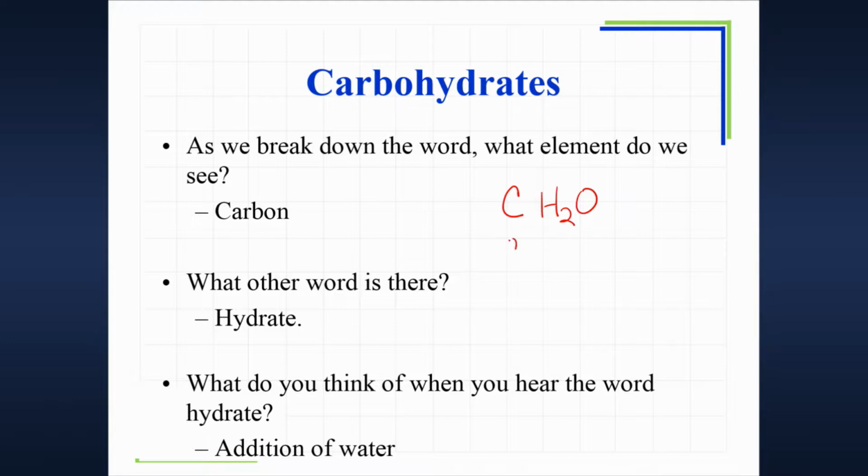So it might be C6H12O6. It might be C5H10O5. Notice that that is a multiple of some variety of this grouping, one carbon and one water repeated. Now, we're going to look at the structure very closely as we proceed on, but that is the breakdown of the word carbohydrate.